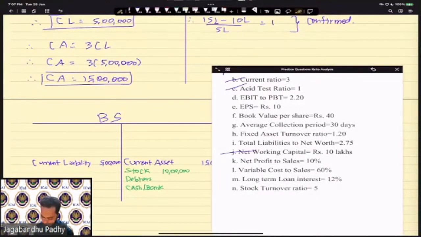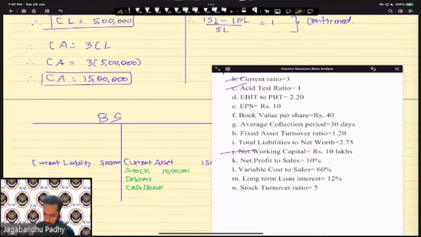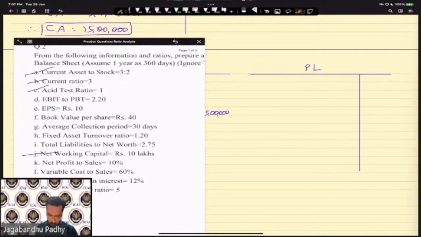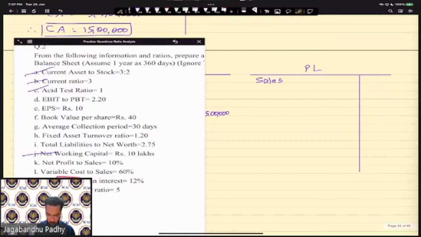Now we'll talk of the draft P&L also. In the draft P&L, we'll definitely have the sales figure, which is not given to us. From that, we subtract the variable cost, about which again we have no information. We know that if sales is 100, variable cost is 60.